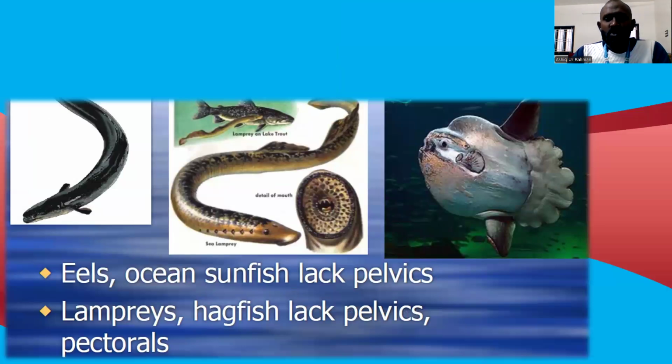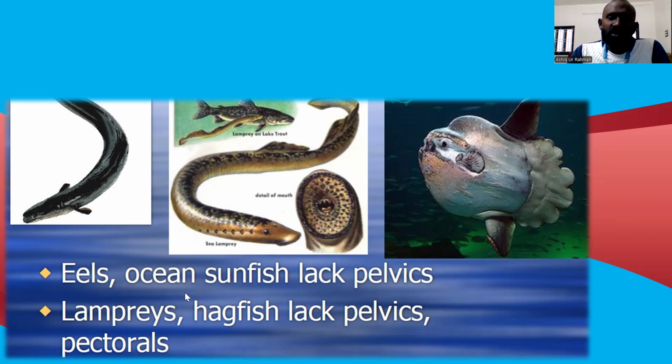Okay. So as I said earlier, not all the features are present in all the fishes. Let's take, for example, eels and sunfish, mola mola. On the right side is the sunfish. They don't have pelvic fin at all. See in the picture, it has a dorsal fin, and opposite to that is an anal fin or ventral fin. There is no pelvic fin.